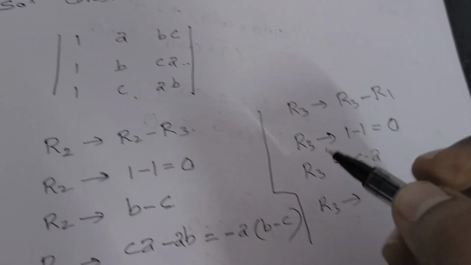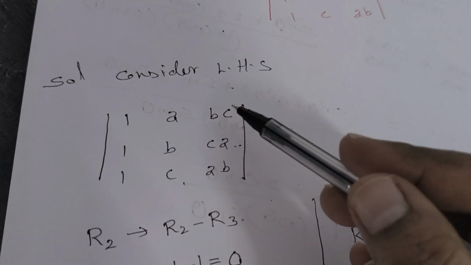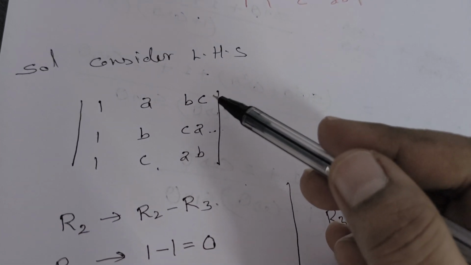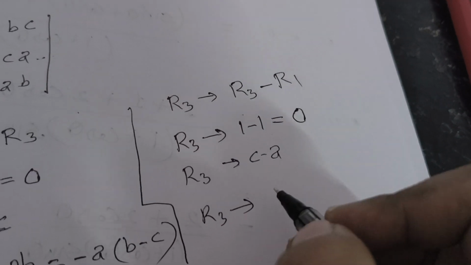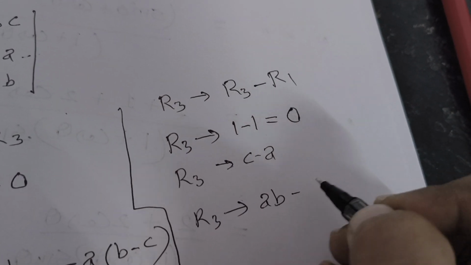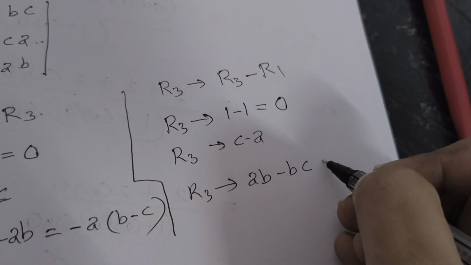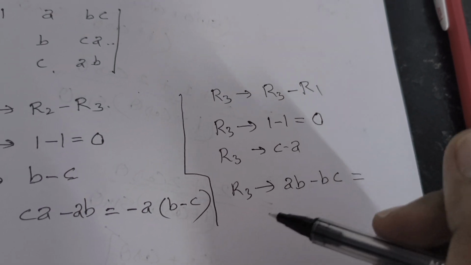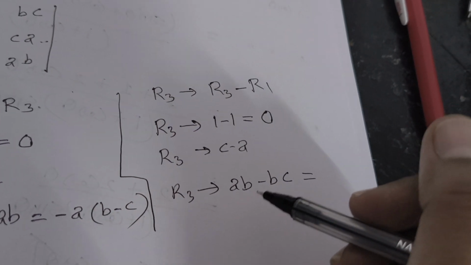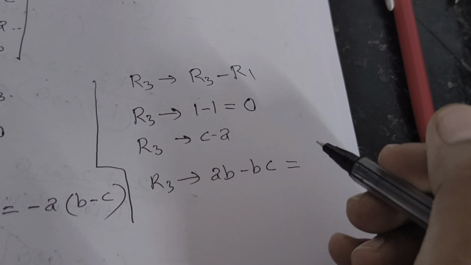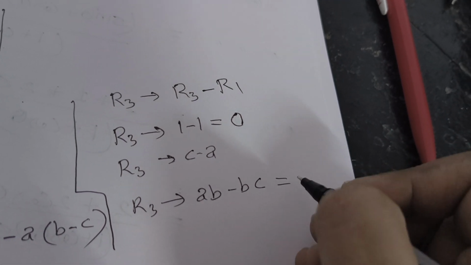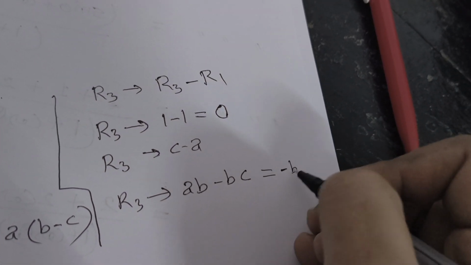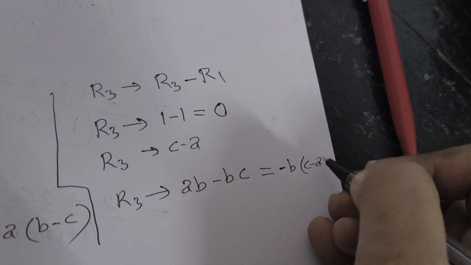Next r3 third term ab, r1 third term bc, ab minus bc. So when I take minus b common, it becomes c minus a.